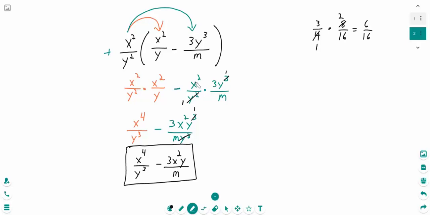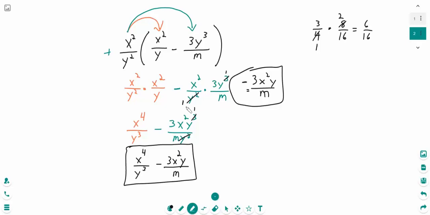And then we would have had x squared times 3y, or 3x squared y, I should say, right? And then in the denominator just the 1 times the m, which is just an m. And of course, this is negative still. And there's our second term that we got down here, right?